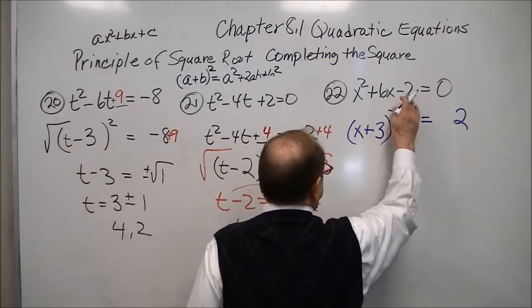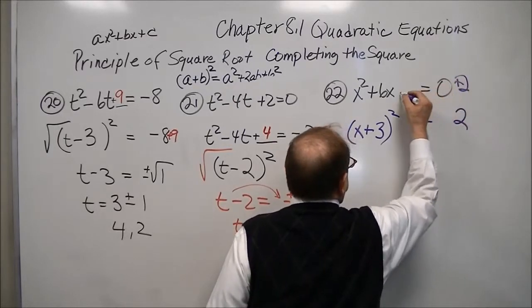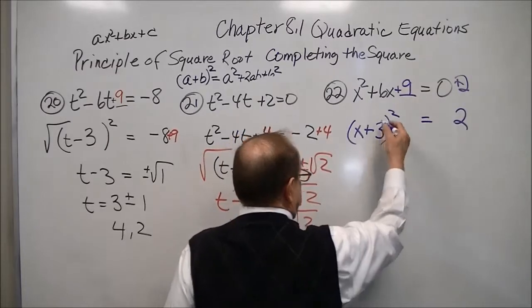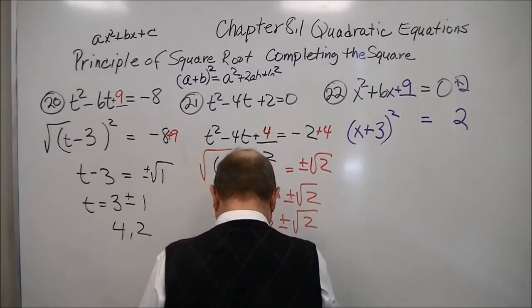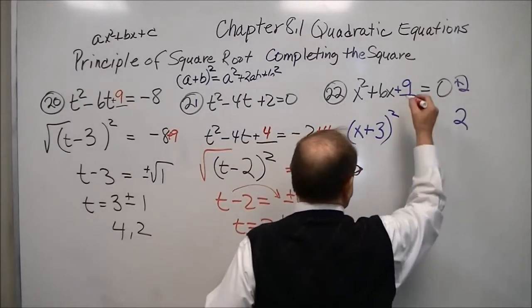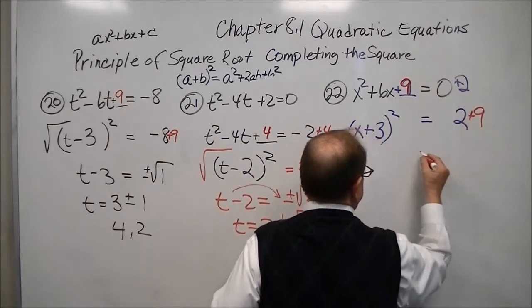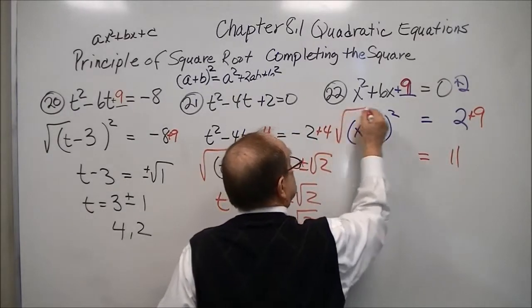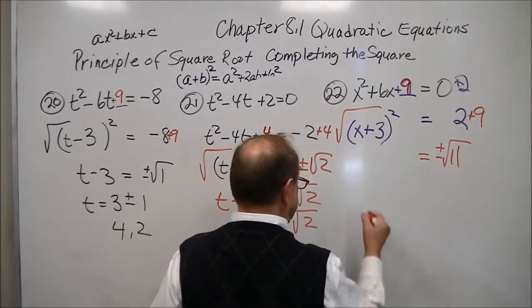So in this spot here, where I put the 2 there, I'm going to put a 9. So I'm adding a 9 to both sides. This 9 and this 9. This now becomes 11. I take the square root of this, plus or minus the square root of 11.